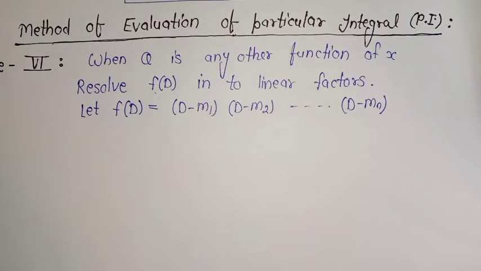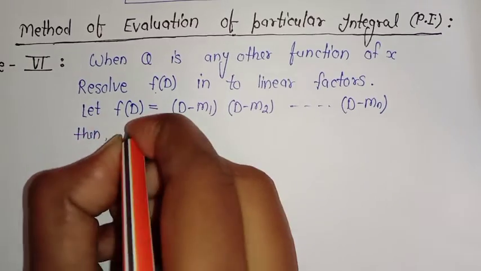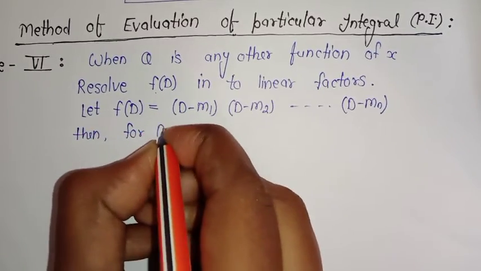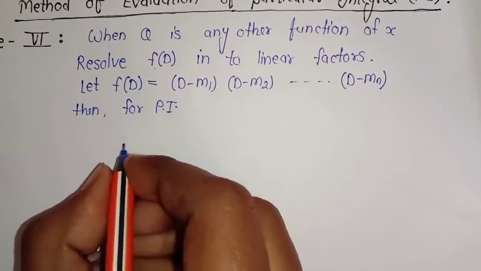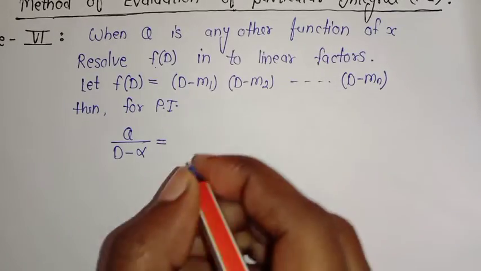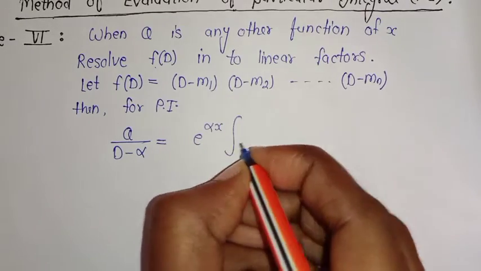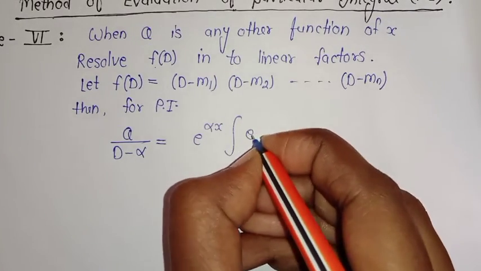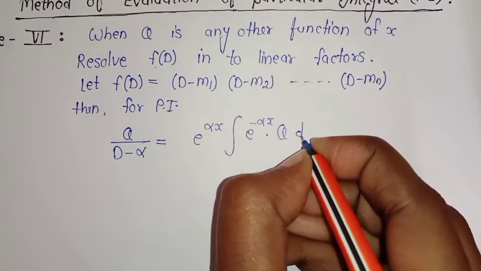Therefore, in order to find the PI, we have to use a formula, and you should always remember this formula: q by D minus alpha is equal to e raised to power alpha x, integral of e raised to power minus alpha x into q into dx.